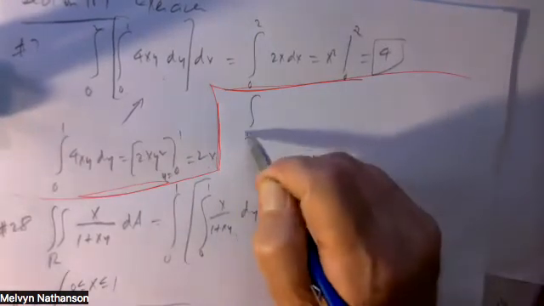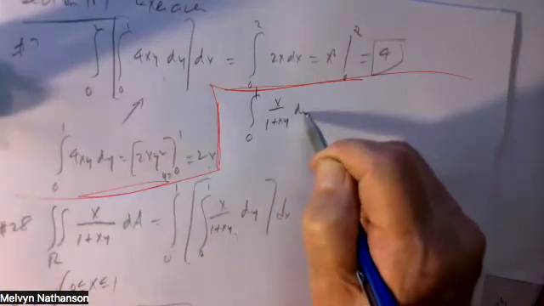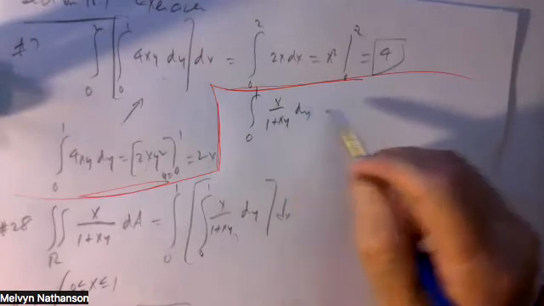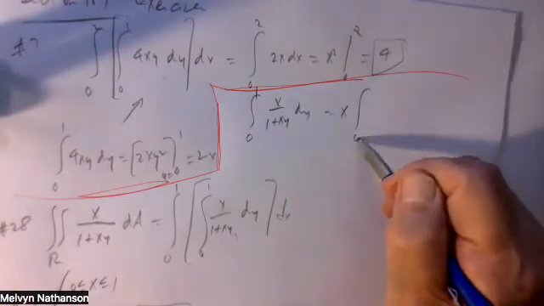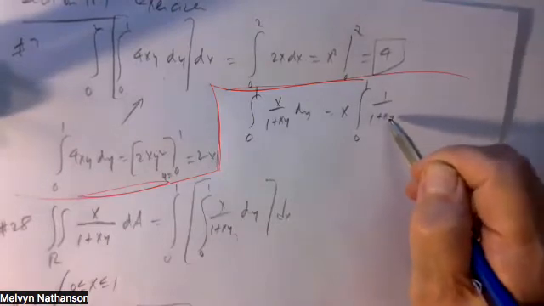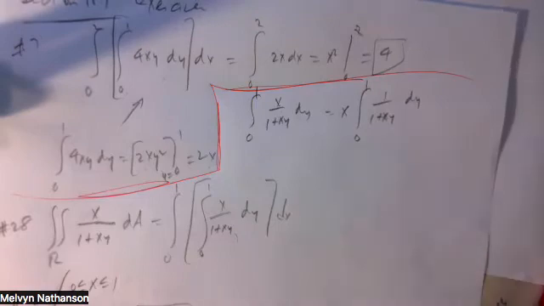So what is this inside integral? This is the integral from 0 to 1, x over 1 plus xy dy. x is fixed, so I can take that outside the integral sign. That's x times the integral from 0 to 1, 1 over 1 plus xy dy.